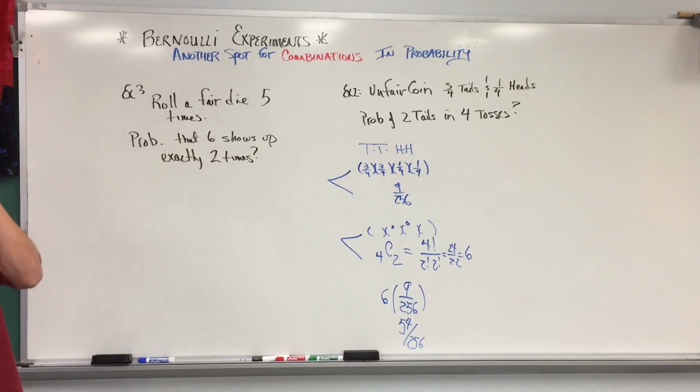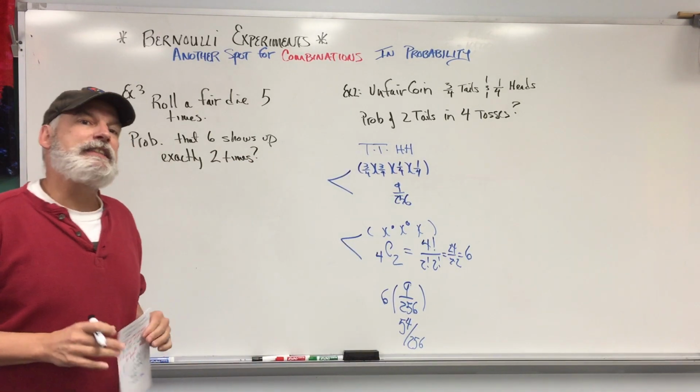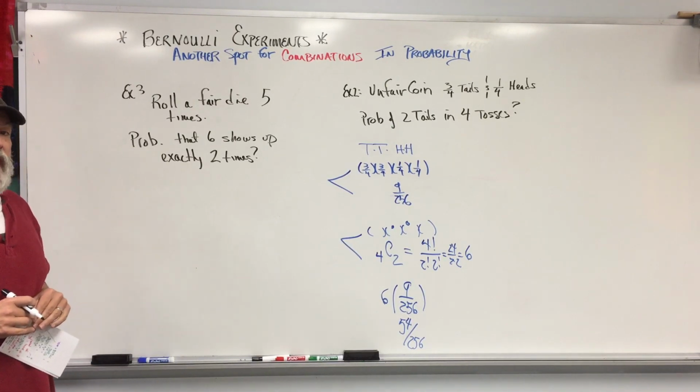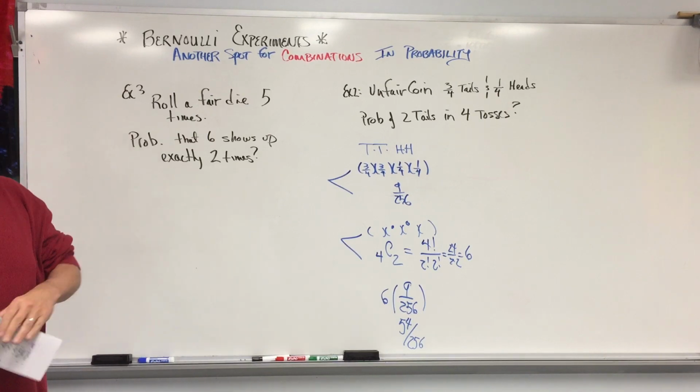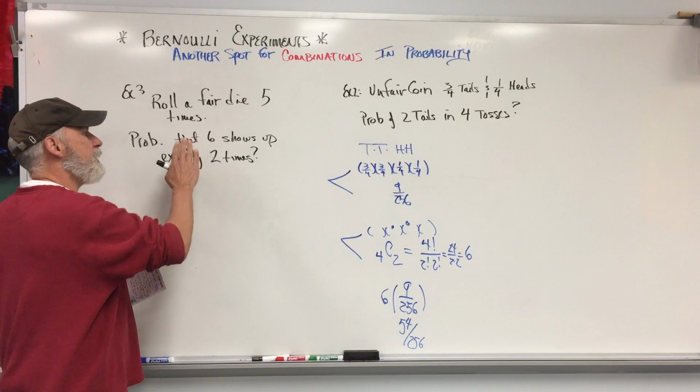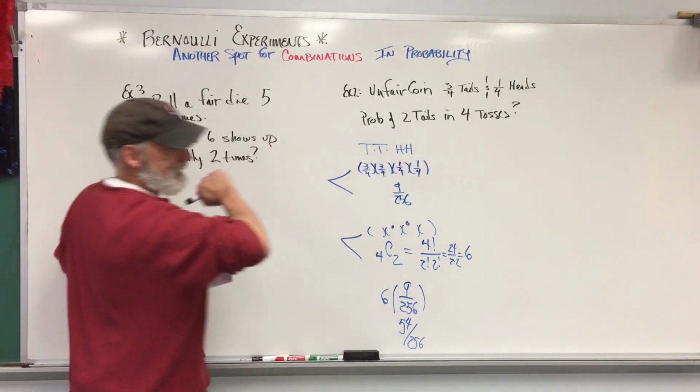So a 6 is a win, any other number is a non-win, okay? Now I don't have to worry about the fact there's 1, 2, 3, 4, 5 in the die. There's 6s and not 6s, and that's the best way to think of this because this is a yes-no situation. If you think about it, it's a 6 or it's not a 6, okay?